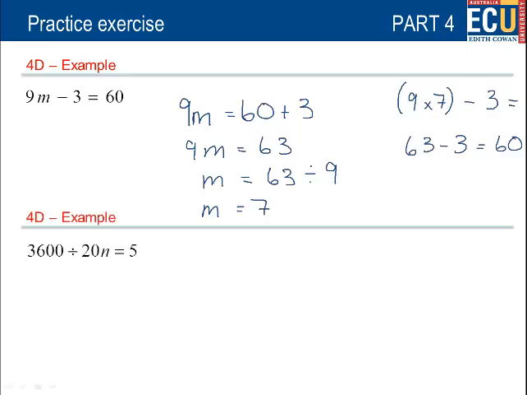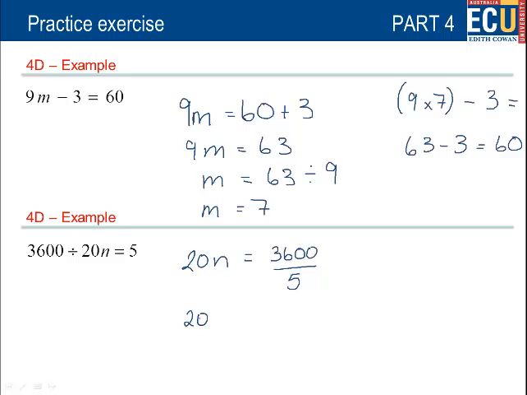And for the final example, let's have a look at 3,600 divided by 20n equals 5. This time I'll keep the 20n on its own, so 20n equals. Now because the division symbol for 3,600 comes before the 20n, we then need to also divide 3,600 by 5.